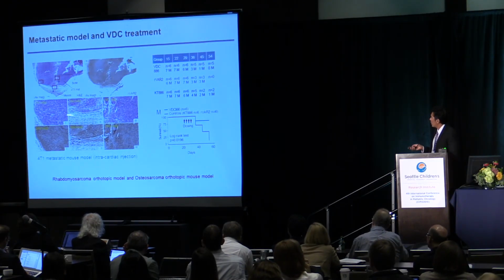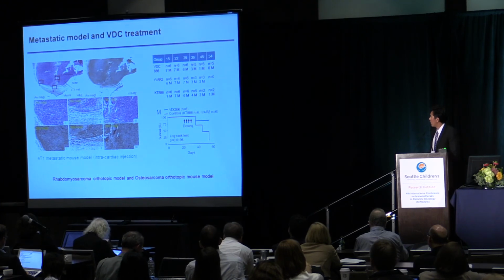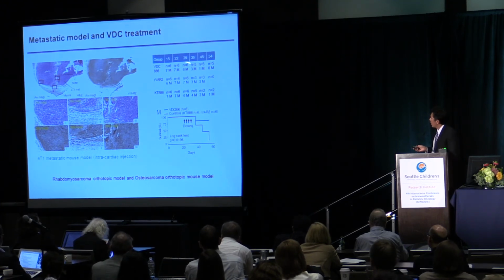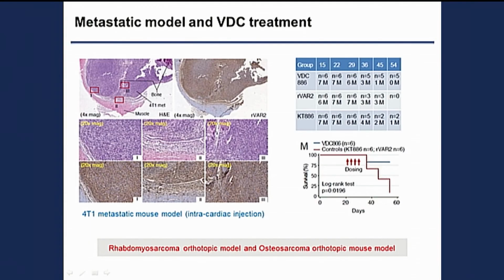Here we stain again with VAR2 for the Oncofetal CS expression, and we can still see it in the bone metastasis compartment. At the end of the study, the VDC-treated group mice are still alive with no metastasis, while the control group, toxin alone, died with metastatic disease.